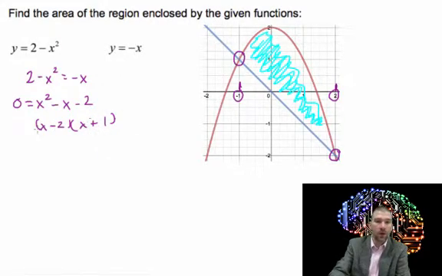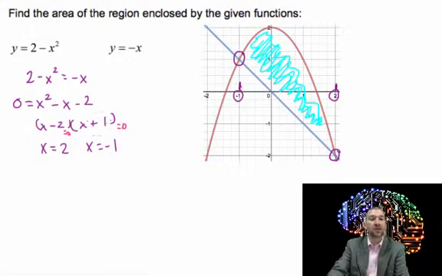And when this happens, I end up with x equal to 2 and x equal to -1. You see that? Why do I know that? Because I'm going to let x minus 2 equal 0 here, and I'm going to let x plus 1 equal 0 here. And so when I solve those out, this is what I get.